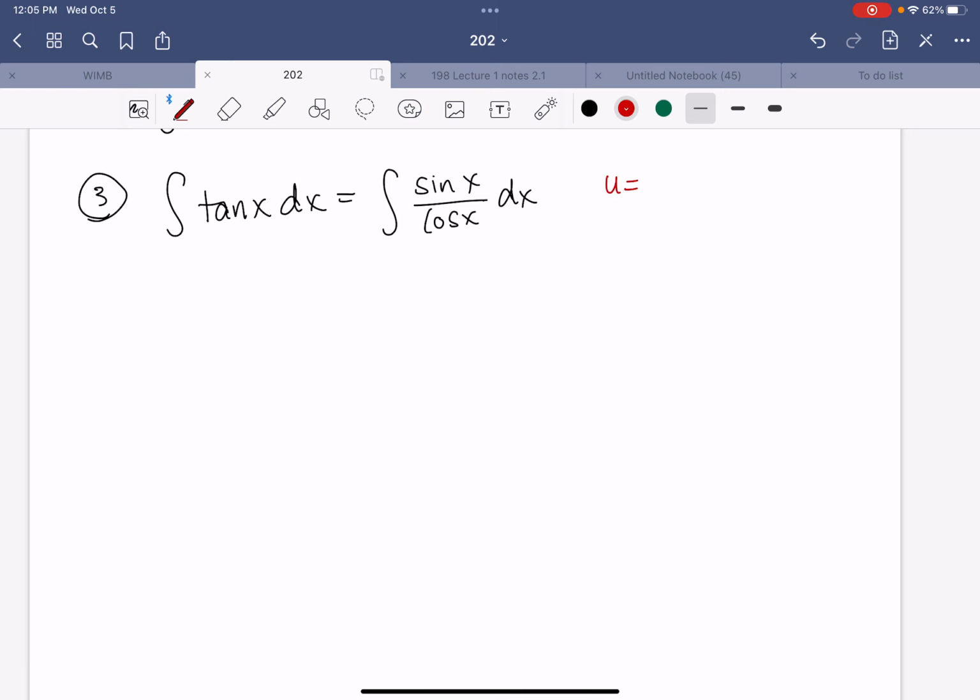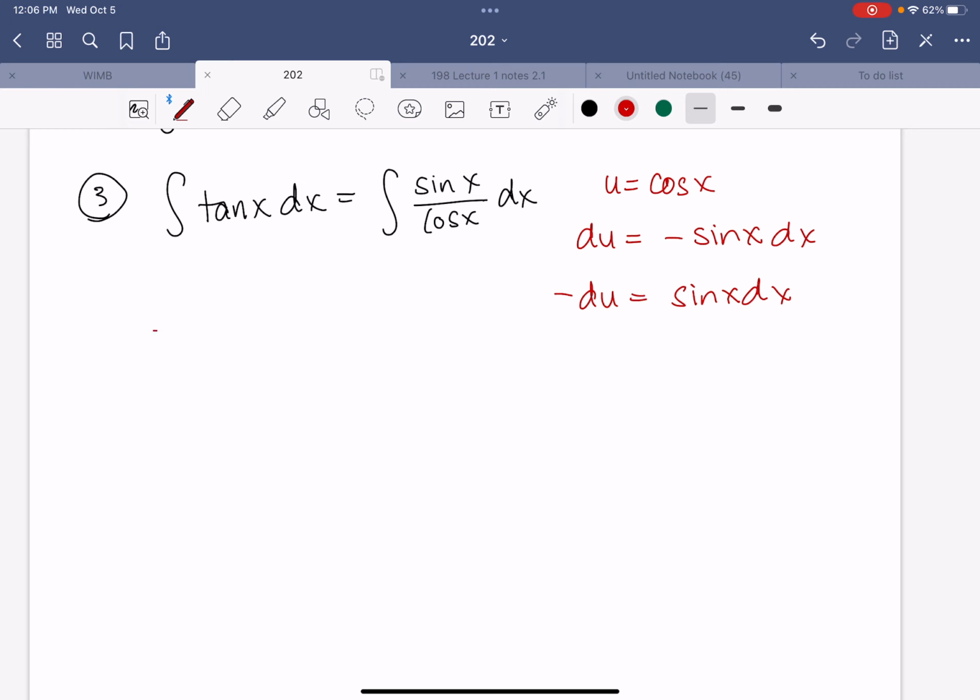I typically u sub for denominators, because if I u sub for the numerator, then my du is going to be in the bottom, and that's not going to work well. So u is going to be cosine x, and du is negative sine x dx. So negative du is positive sine x dx.